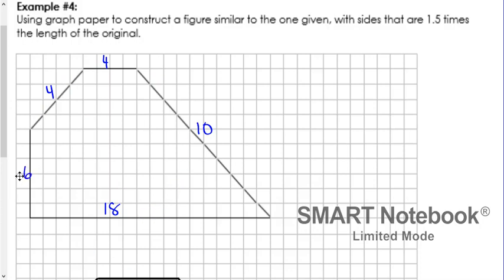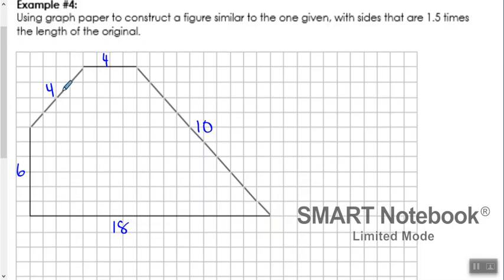So let's take these, put all these on the outside, and figure out what it's going to be if we do something that is 1.5 times as big. So 1.5 times the length of the original means it's going to be 1.5 times larger. 4 times 1.5, we get 6. 10 times 1.5, we get 15. 18 times 1.5, we get 27. 6 times 1.5, we get 9.